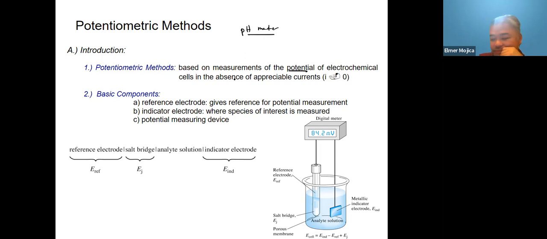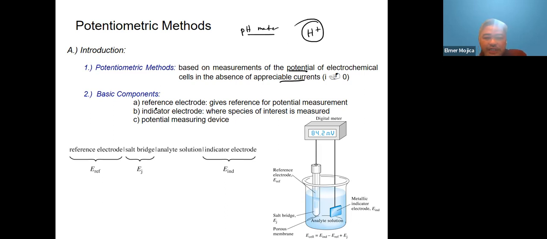Okay? So it measures the potential of the electrochemical cells in the absence of appreciable current. So it's just look at the potential. So we could say it really looks at the activity, kung ano man yung ion na minomonitor natin. So if it's a pH meter, ano yung ion? Okay? It's usually the hydrogen ion.